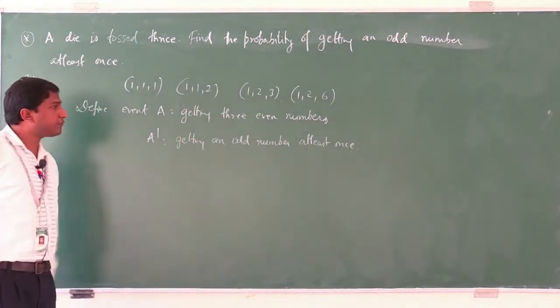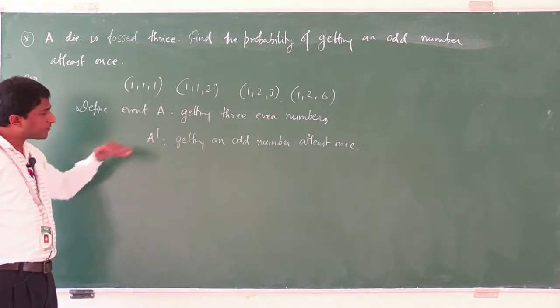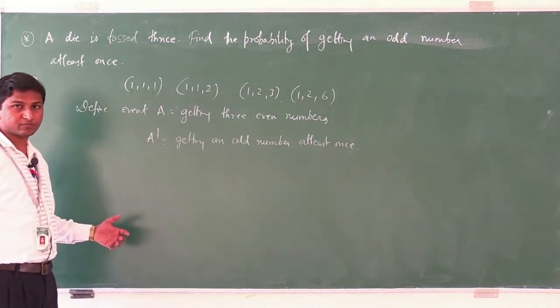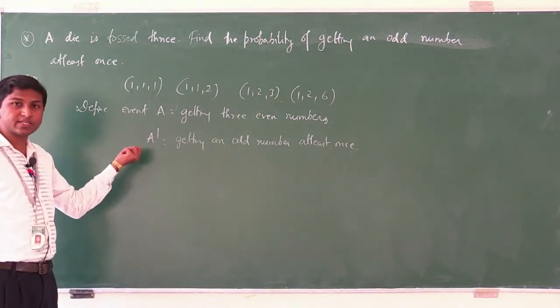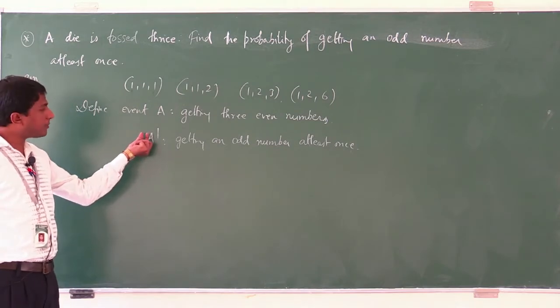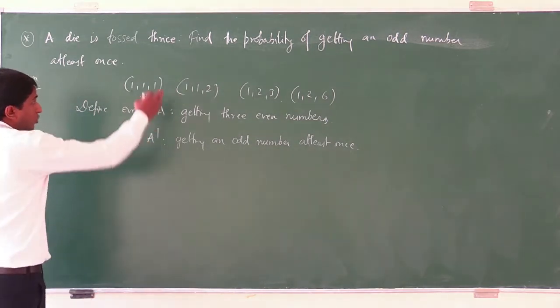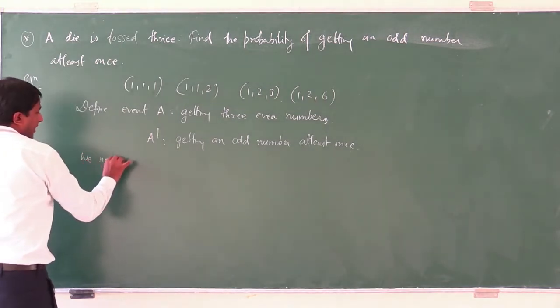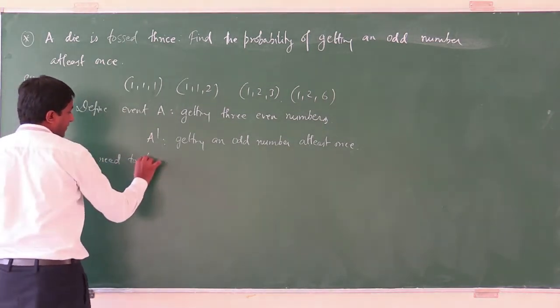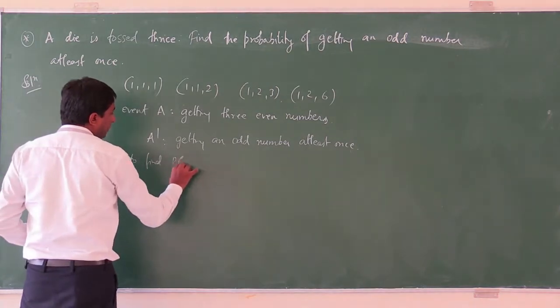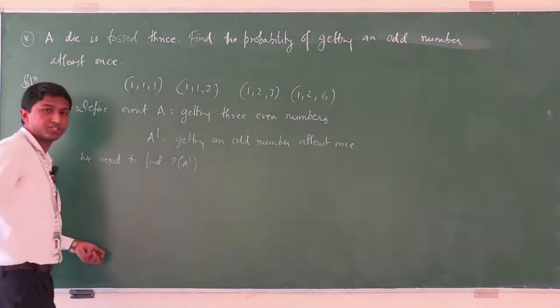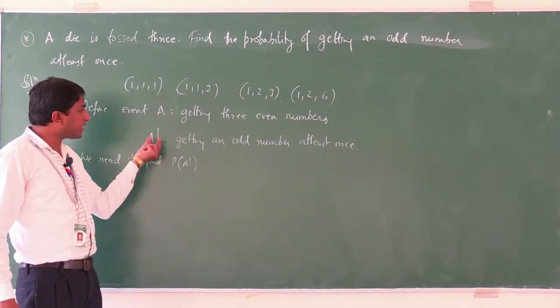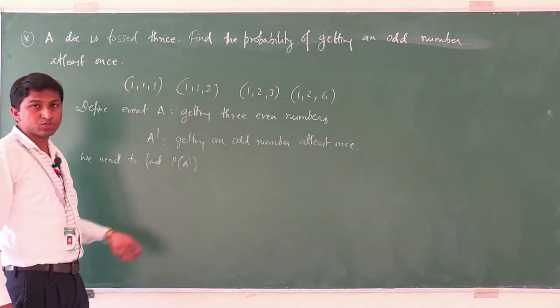Now that we have defined event A and written event A dash, all we have to do is find the probability of event A dash. So we need to find P of A dash, right? What is P of A dash in terms of P of A?